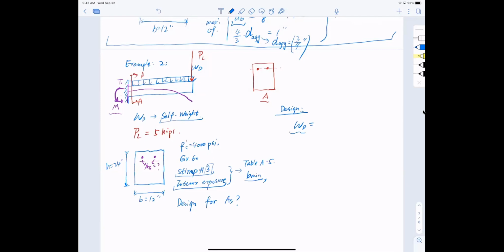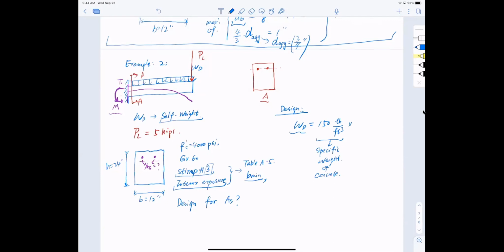To figure out self-weight, I have 150 pounds per cubic feet as the density of the concrete. This is the specific weight of concrete. It is not exactly density. Density is mass, and specific weight is the gravity effect. So I want to calculate the self-weight, and I need to multiply something. Why?